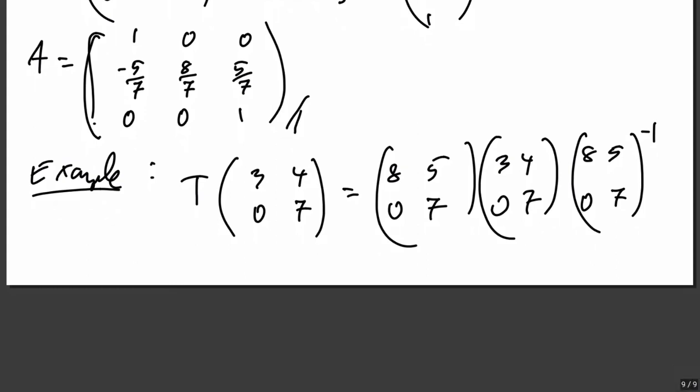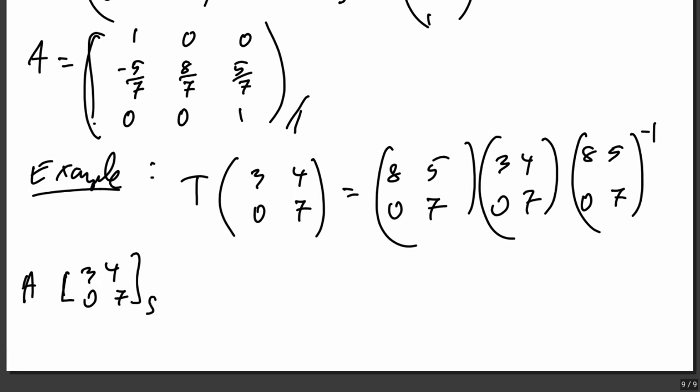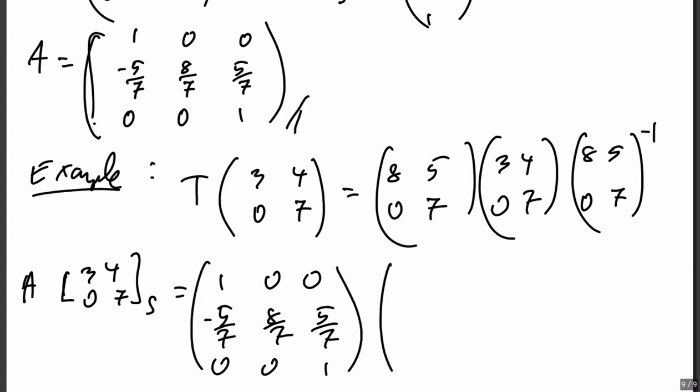But according to the new representation, we can also just use A times the representation of this matrix in the S basis, which is [1 0 0; -5/7 8/7 5/7; 0 0 1], multiplying the representation of this matrix, 3, 4, and 7, the three non-zero entries.